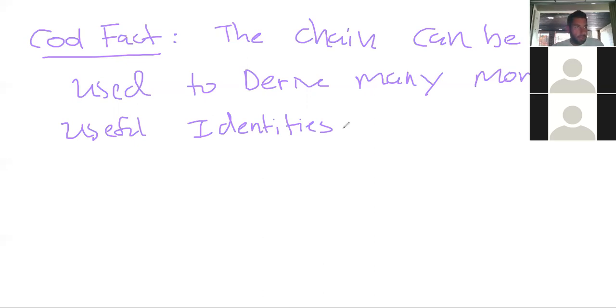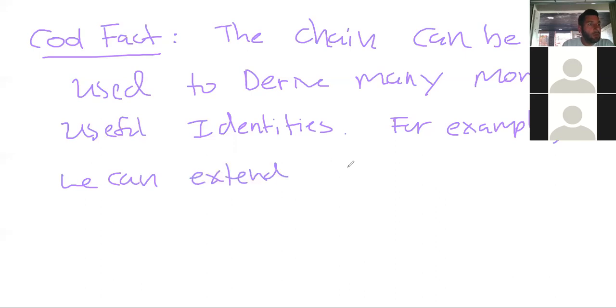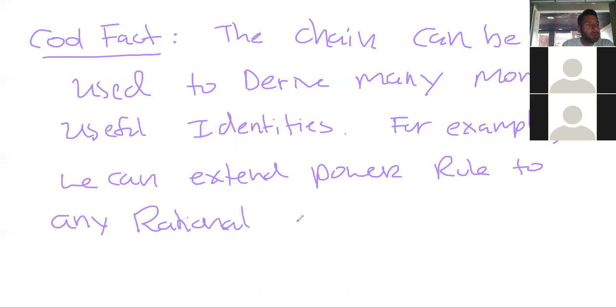So anyhow, one of these things is we can extend the power rule to any rational exponent. So what do I mean by that? Well, we can use the chain rule to prove that the power rule works for rational exponents.